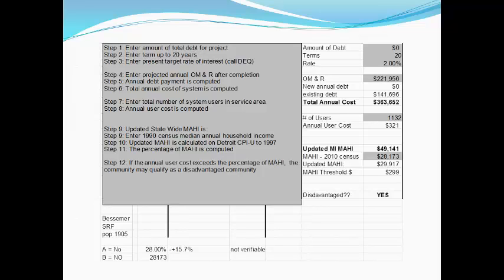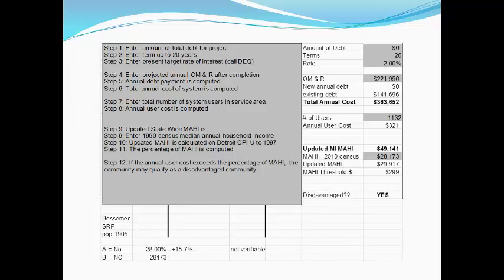Then we take the actual operational costs and debt costs that a household is incurring in the city of Bessemer. We've got operation, maintenance, and replacement of $221,956, and we've got existing debt of $141,696, for a total annual cost for the wastewater system of $363,652.